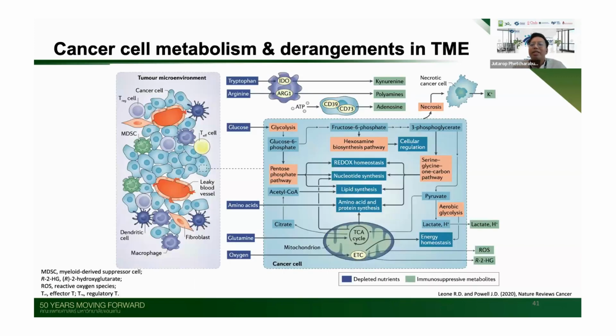So in cancer cell metabolism and derangements in the tumor microenvironment, the mitochondrial oxidation of nutrients, including glucose, amino acids, and fatty acids through the tricarboxylic acid cycle and the electron transport chain, is a highly efficient means of producing energy for quiescent or differentiated cells.